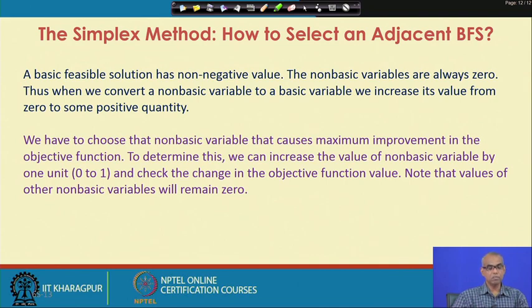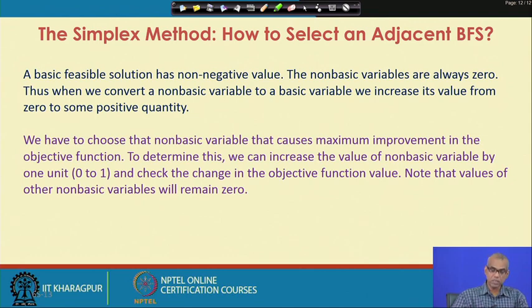Note that all decision variables are constrained to be greater than or equal to 0, but a basic variable can have values greater than 0.